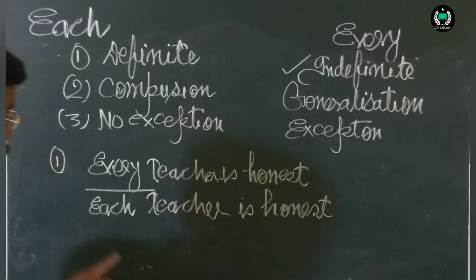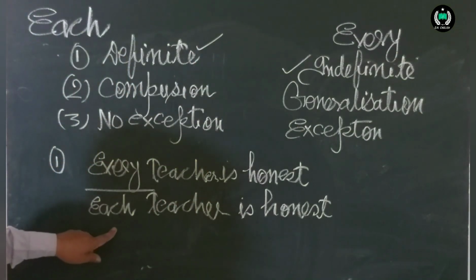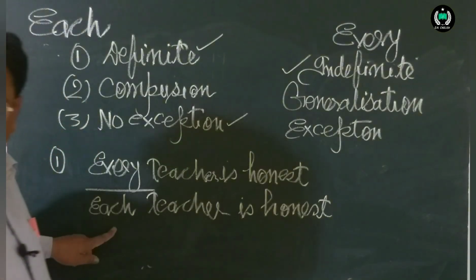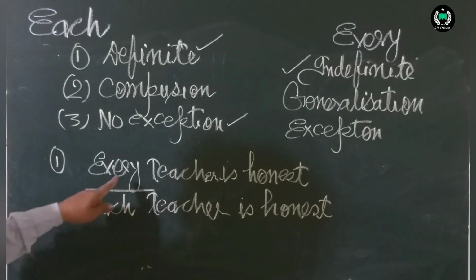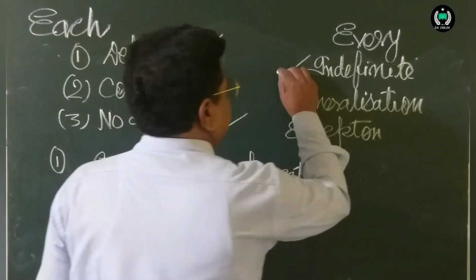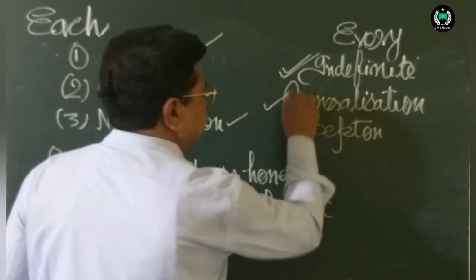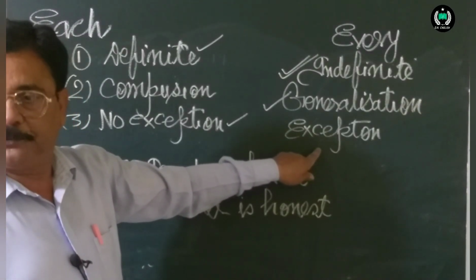So each teacher: definite number, 100 teachers, no exception. I know them one by one, and I'm sure that they all are honest. But here, every teacher is honest: indefinite number. Generalization, I am talking in general, and exceptions happen.